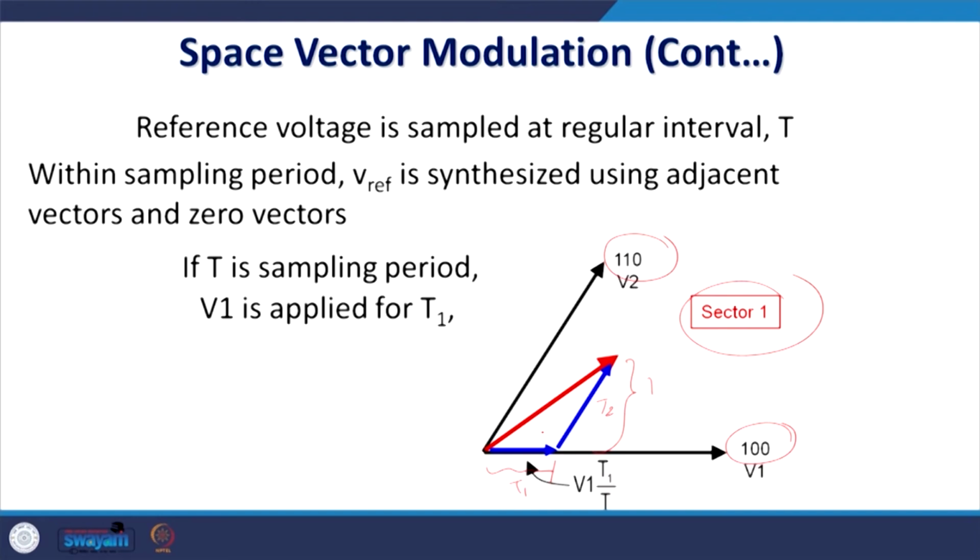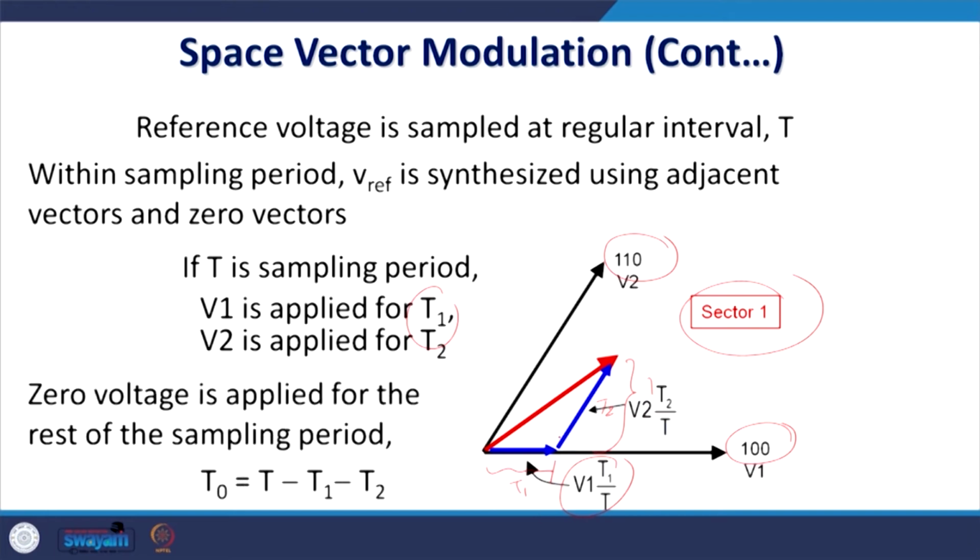So, if T is the sample period and V1 is applied for the time T1, then ultimately V1 T1 by T will be this amount. Similarly, V2 is applied for the time T2 and ultimately V2 T2 by T will be this reference voltage vector.